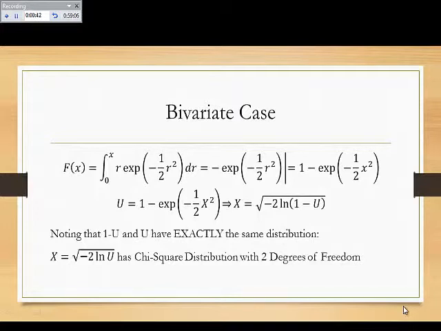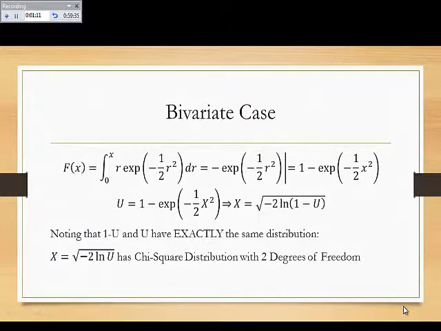So basically, by standard calculus, the fundamental theorem of calculus, if the derivative of F is f prime, then the integral of f prime is F. These two are inverse operations. Since the derivative of minus e to the minus 1/2 r squared is r e to the minus 1/2 r squared, the integral of that is the antiderivative.